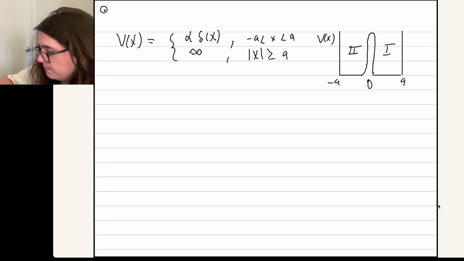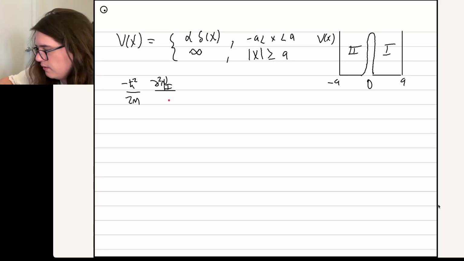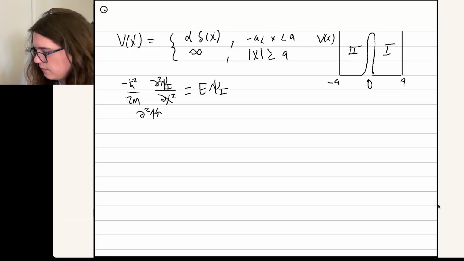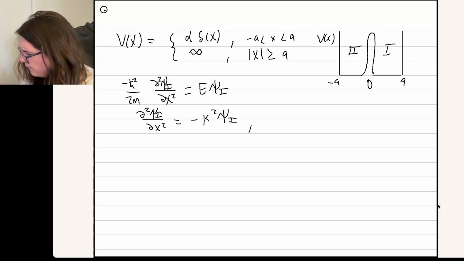So the Schrodinger equation in region 1 isn't anything that we haven't seen before. It's the second derivative of the wave function in that region equals E psi 1, and then you can collect all of the terms on the right into a constant k squared psi 1, where k is defined as root 2mE over h bar.